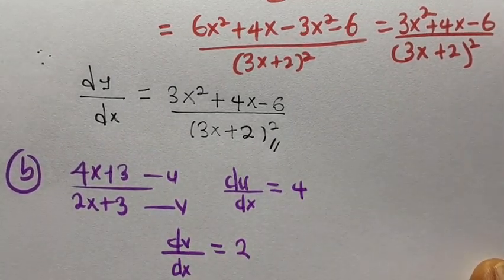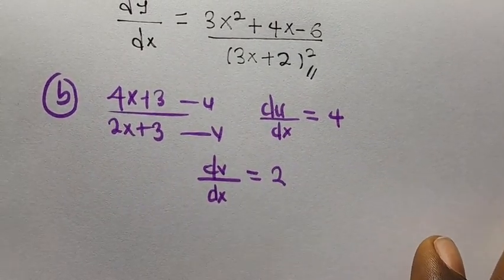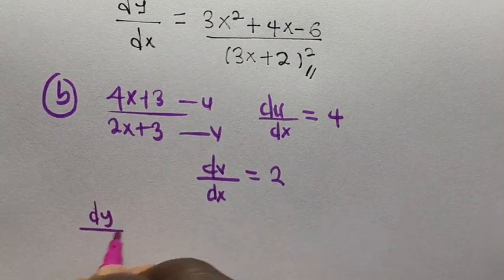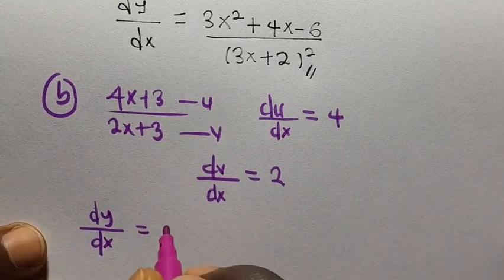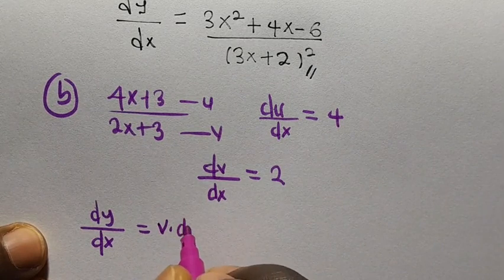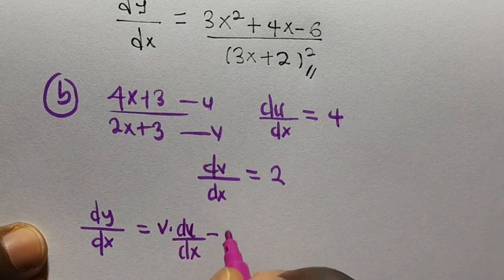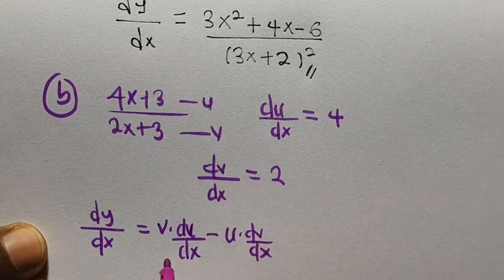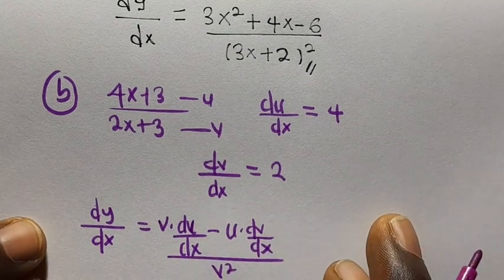By applying the expression that we normally use, we have dy/dx equals phi du/dx minus u dphi/dx, all divided by phi squared.